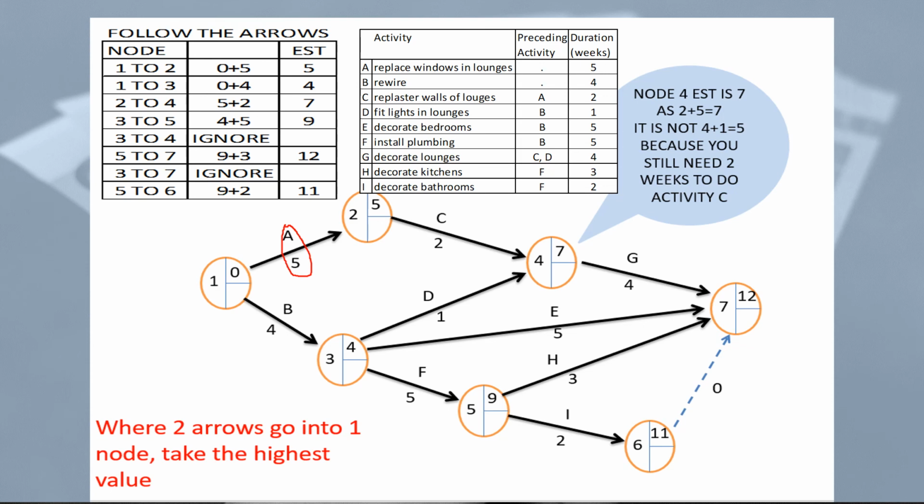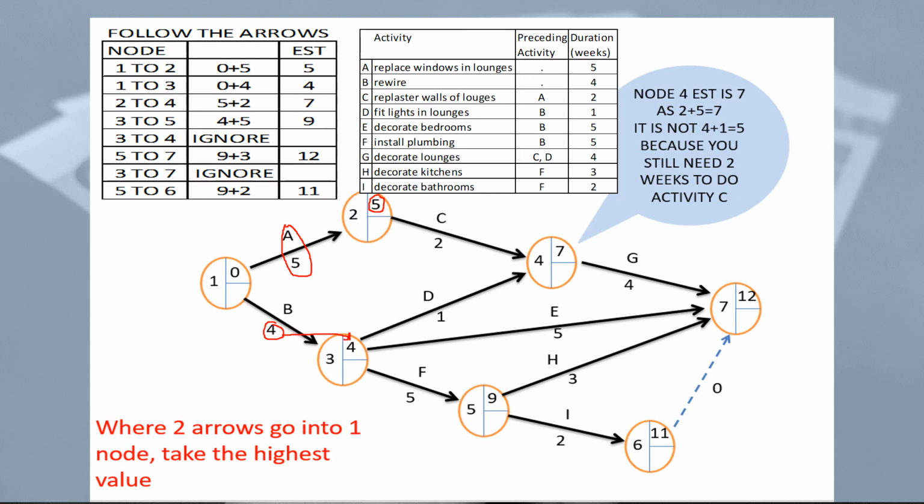And with number 2, obviously the earliest this can start is 5 weeks. At the same time as A is replacing the windows, the rewiring can also take place, and that is going to be 4 weeks, and that 4 weeks goes over here.